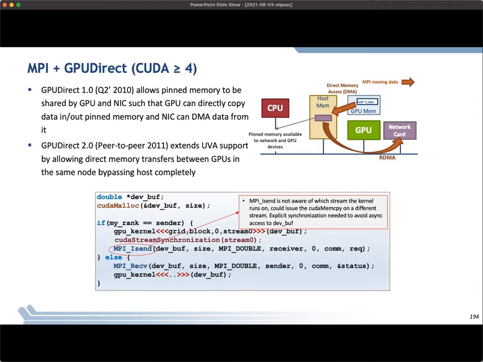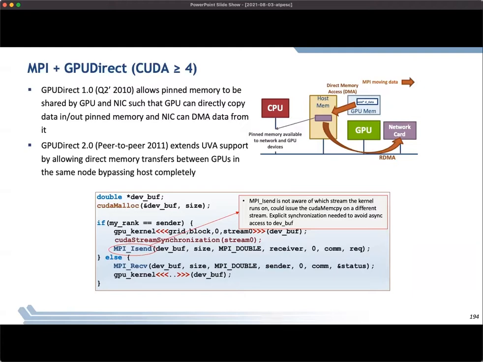With MPI plus GPU Direct, you can use the device buffer in MPI communication. As the example shows here, we just take the device buffer that the kernel is working on and use it in MPI send.